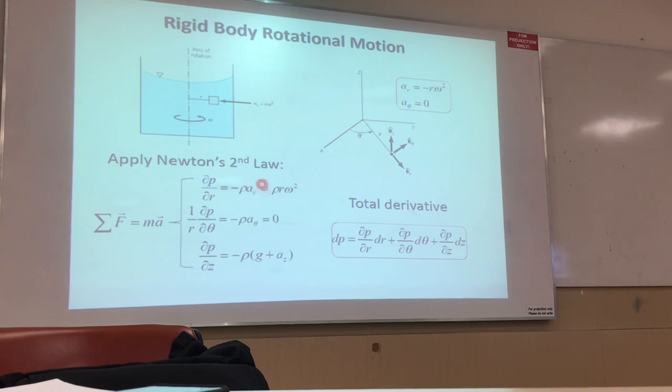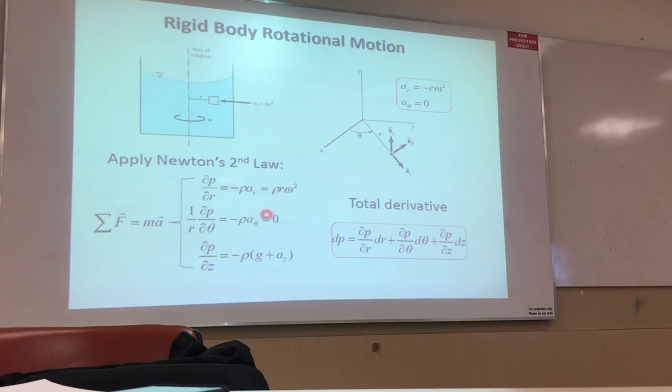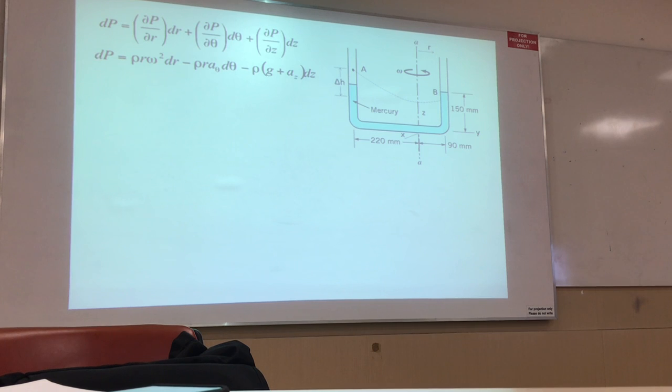AR indicates minus R omega square. So rho R omega square. And this one we consider 0. Then this one is 0. This one and that one is present. And delta P here is 0.